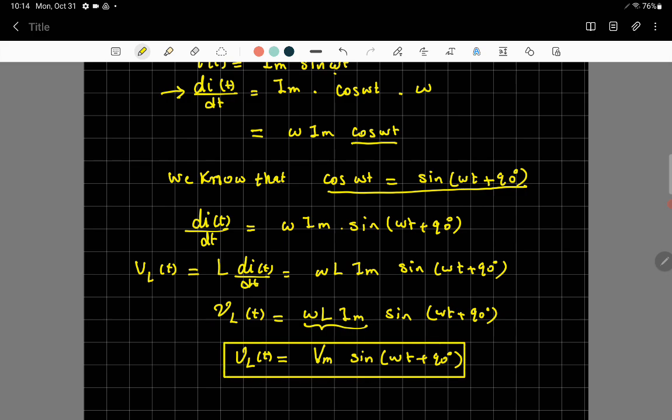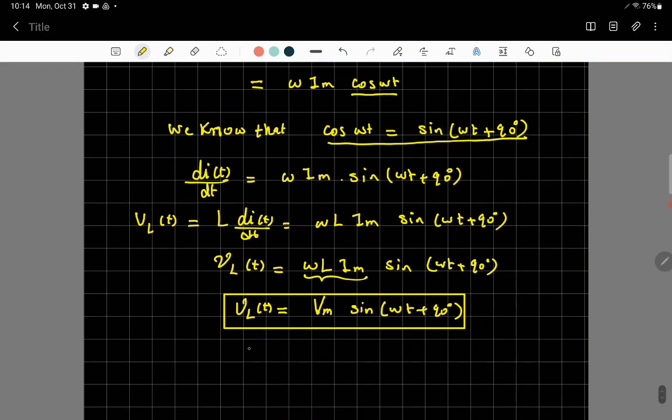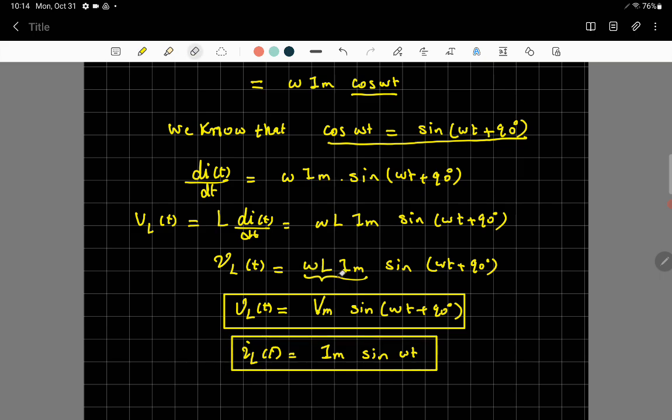So I have the voltage, and I have the current that was given. Let me write it down here: IL of t is equal to Im sine omega t. And we know Vm, as we just showed, is what I replaced with omega L Im.